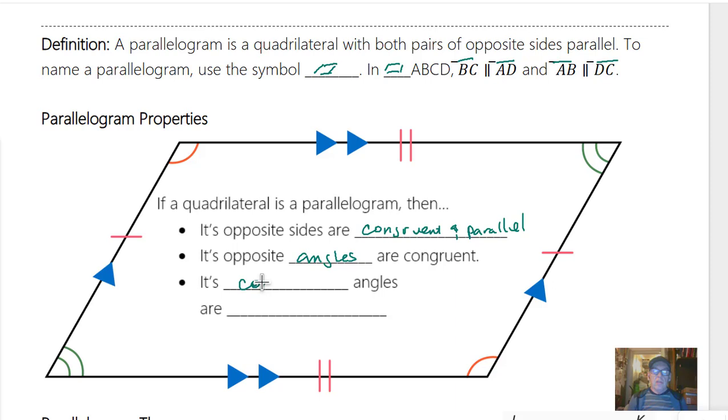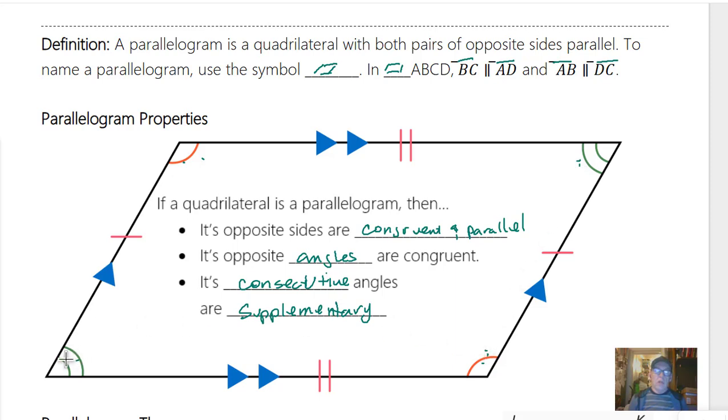Its consecutive angles are supplementary. So opposite angles are congruent. Consecutive angles are supplementary, so these two angles are going to add to 180.